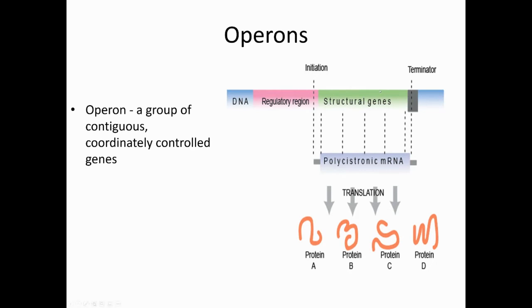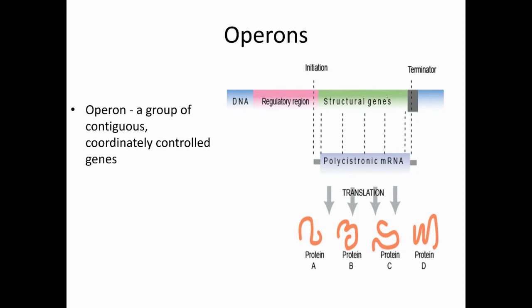This group of contiguous, coordinately controlled genes we call the operon, okay? And the expression of these genes can be triggered by the presence of a substance we call an inducer, and this phenomenon we call induction, okay?